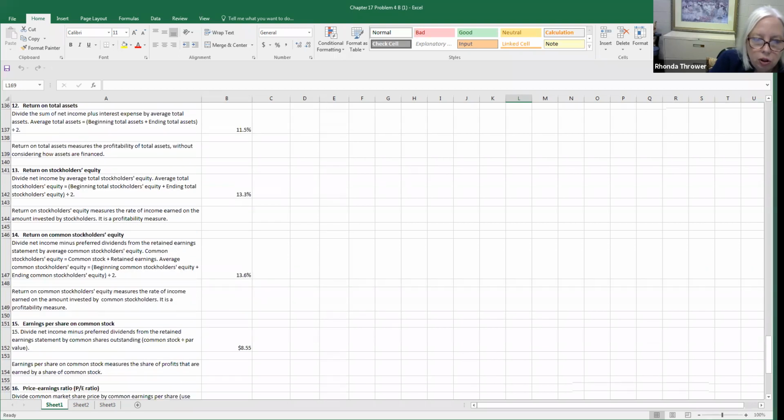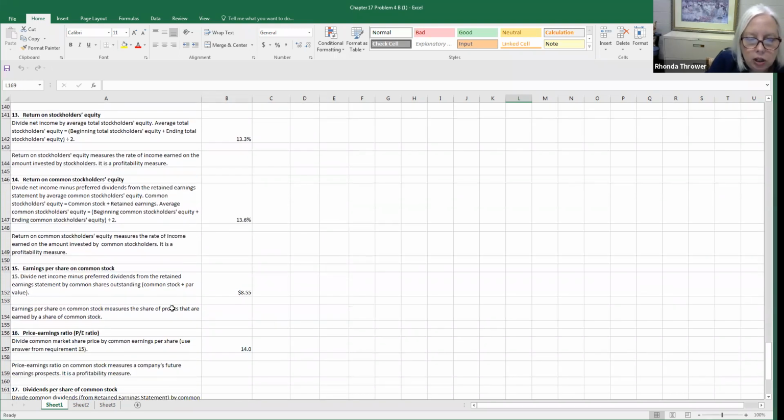The next measure that we're going to be looking at is what we call earnings per share on common stock. Notice it says common stock here. So when we're calculating earnings per share on common stock, we're going to take the net income as the numerator, less the preferred dividends that comes from the retained earnings statement.